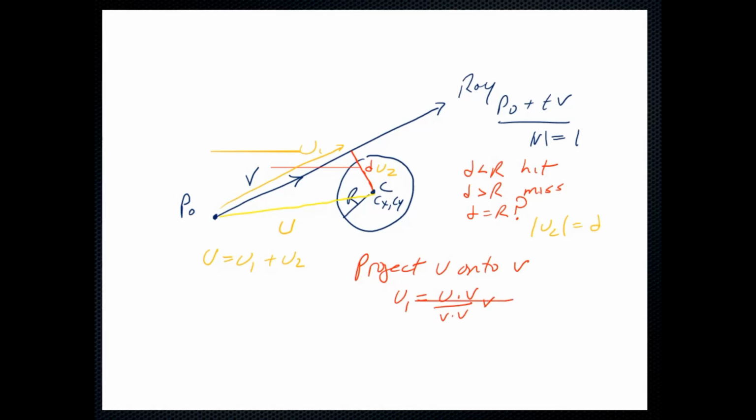Now, quick computation, this is equal to u dot u over magnitude of u squared, times v, which is equal to u over magnitude of v, I'm sorry, I keep saying u, but I mean v, magnitude of v, times v over the magnitude of v, which is u dot v normalized, times v.